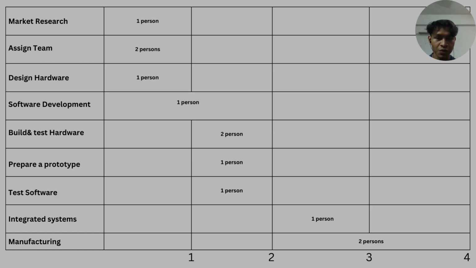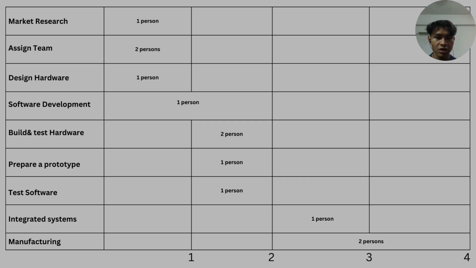For the first week, I put the market research, assign team, and design hardware project managers to handle their tasks. And for the first and second week, we have the software development project manager to handle their task.